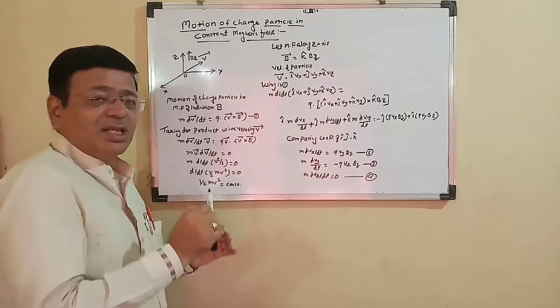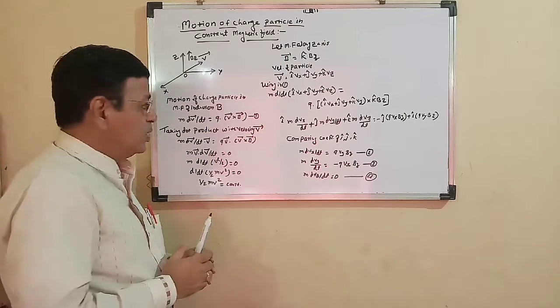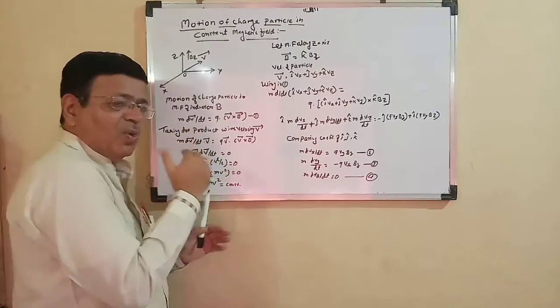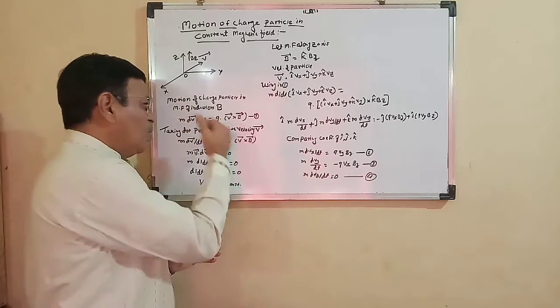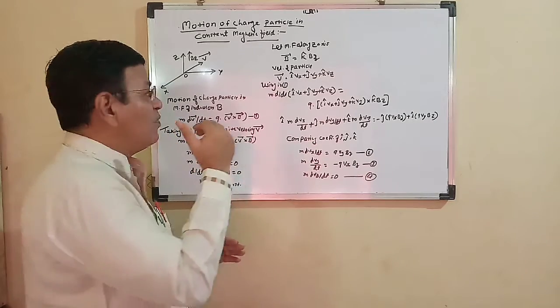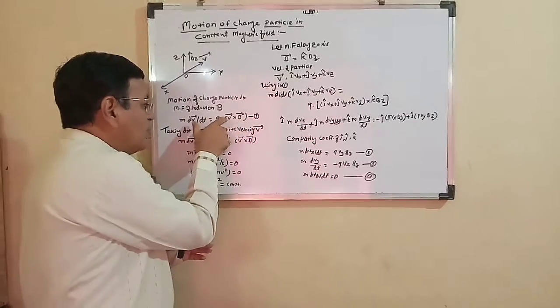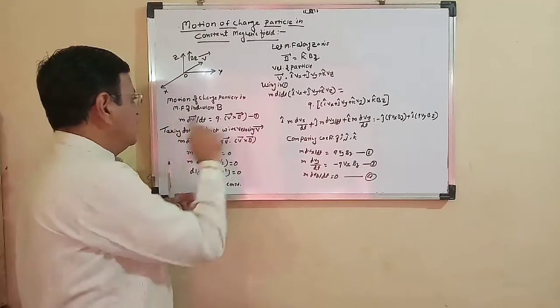It is nothing but mass into acceleration as per Newton's second law. So this is the Lorentz equation: m dv by dt, the force due to the motion of the charged particle, and the force due to the application of the magnetic field of induction B, both are equated here. So we get this equation.